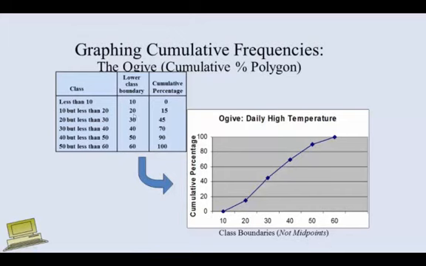Now we can see this class boundary is actually presented as lower class boundary. You can see that 10, 20, 30, 40, these are the lower class boundaries that are plotted over the x-axis, and using this cumulative frequency this graph is formed.